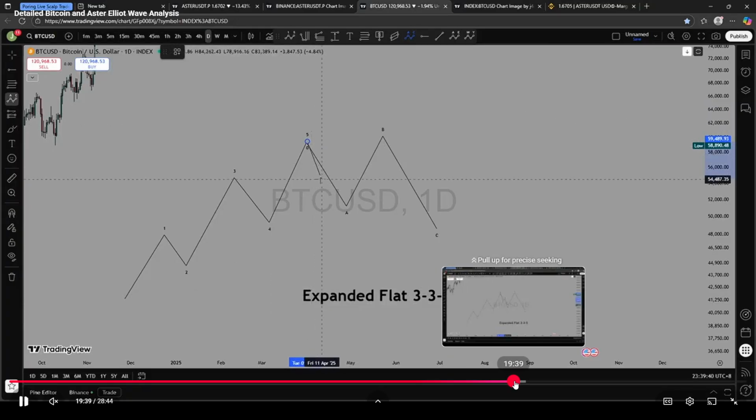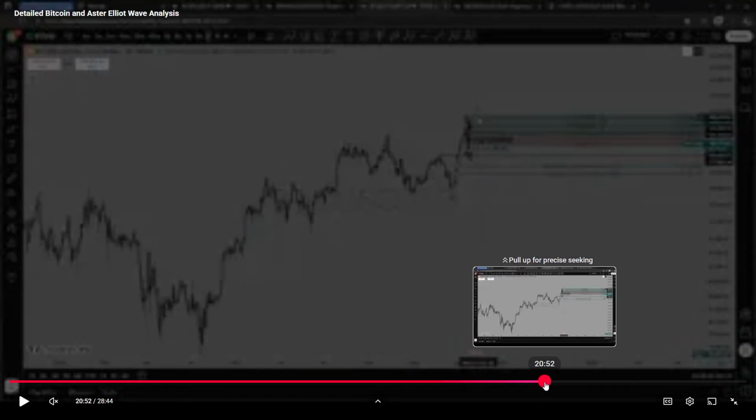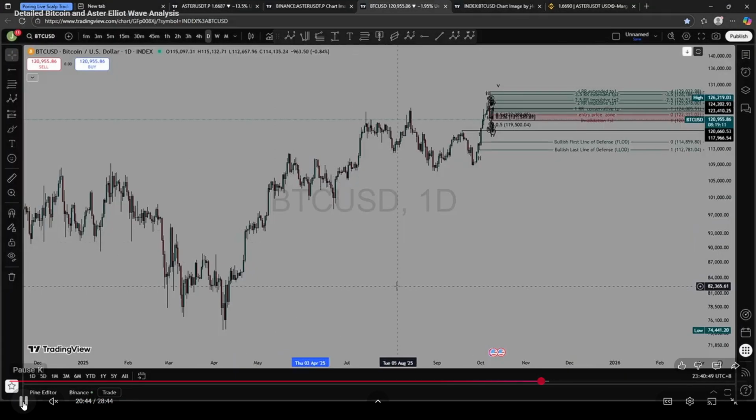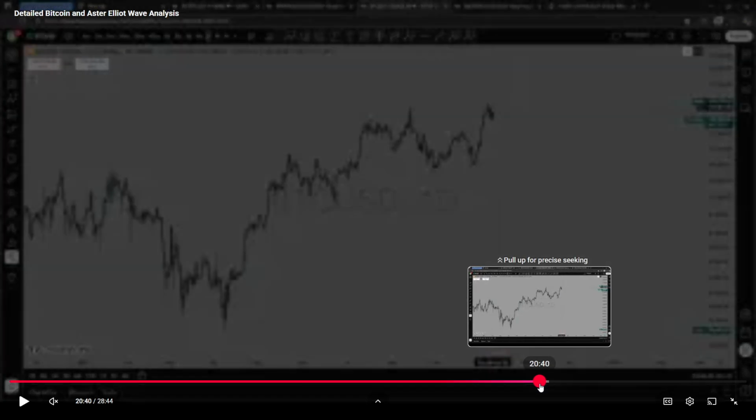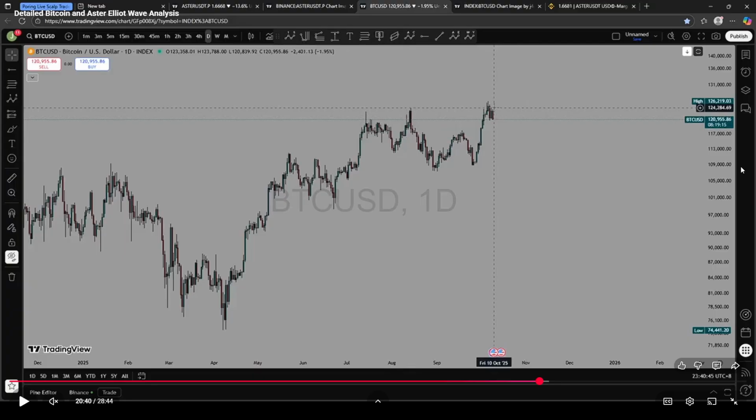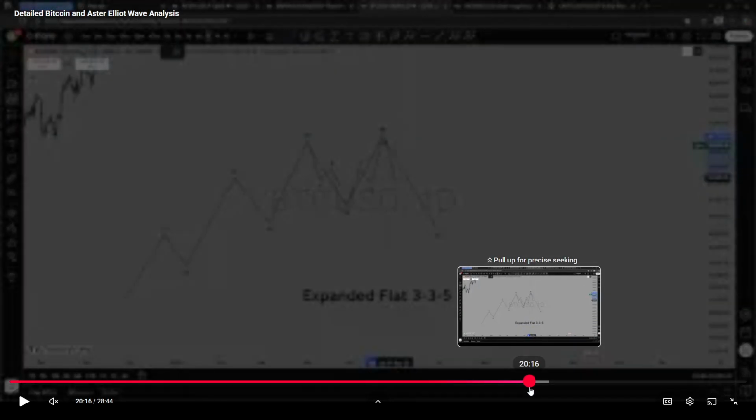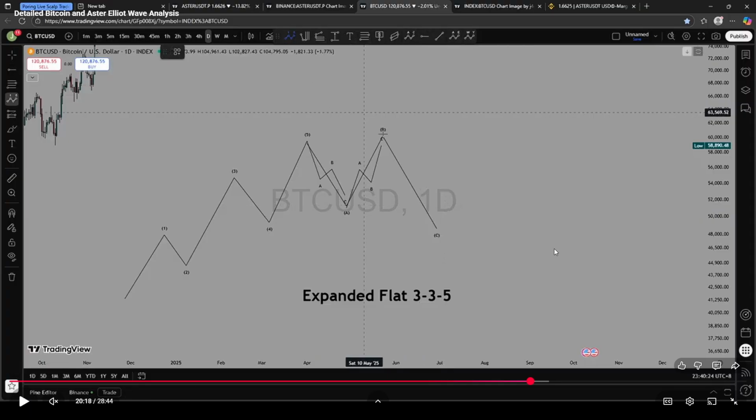The price back then was around 120,955 when I made this live analysis. And I've already identified the structure as an expanded flat scenario, which is coincidentally the same scenario as the gold right now.